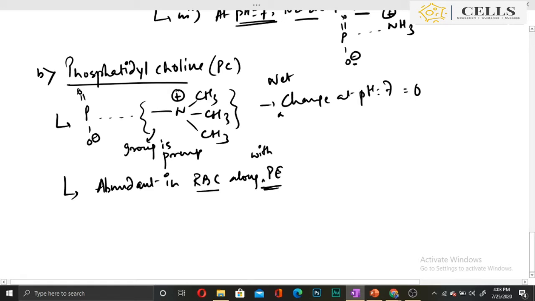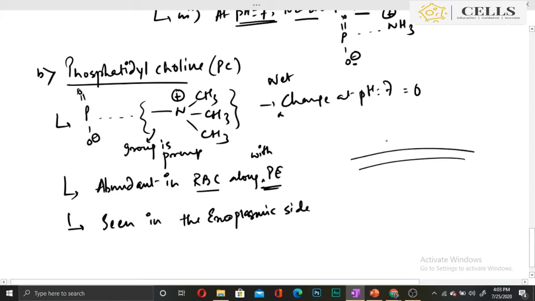Now this PC is seen in the exoplasmic phase or site. Suppose this is the membrane, so they will be present like this, and this will be PC.